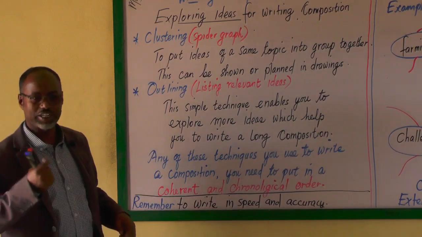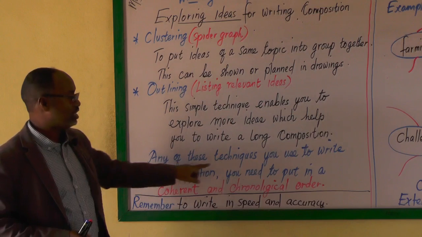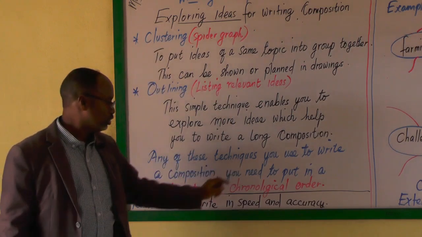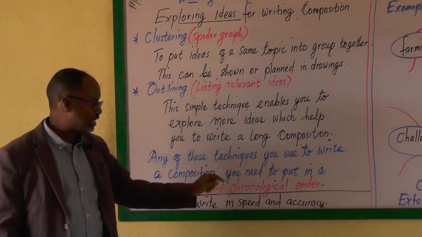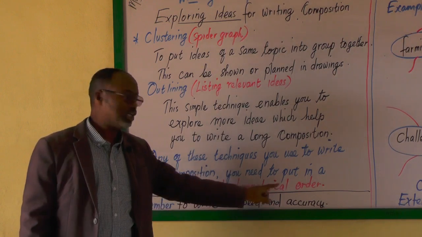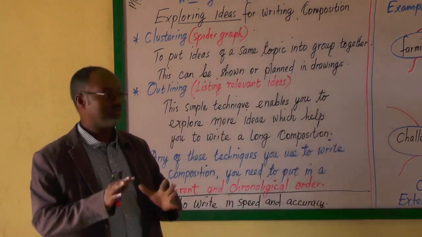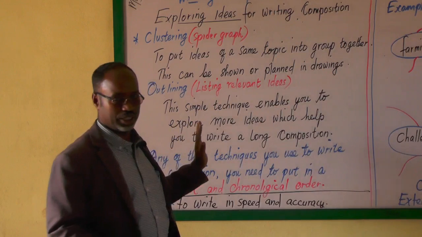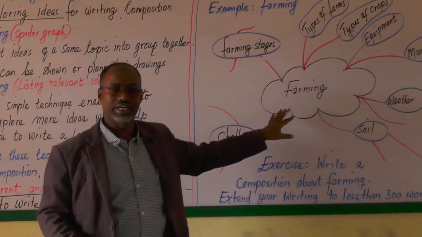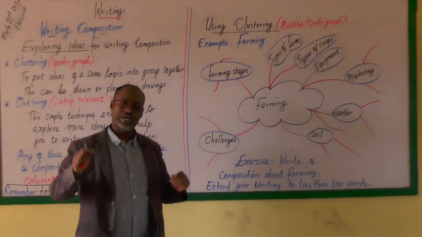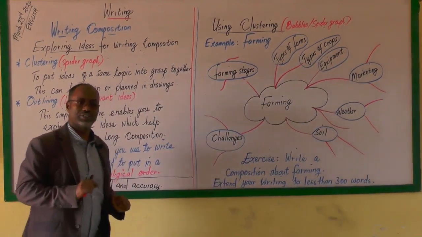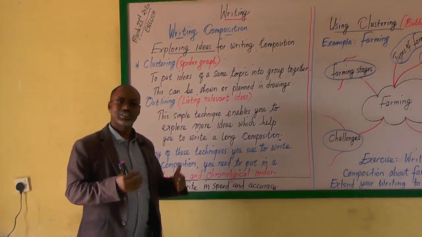Well, are we together? Any of these techniques, this one or this one, you use to write a composition, you need to put in a coherent and chronological order. Coherent means what?